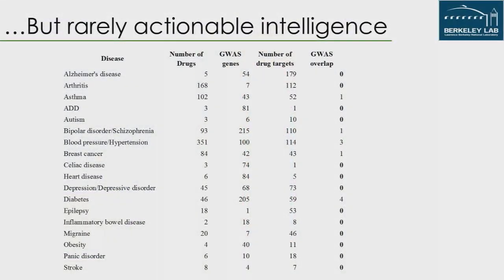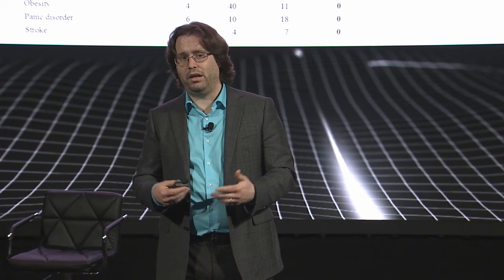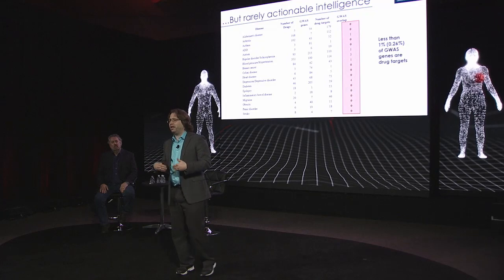There are 5 known and approved drug targets for Alzheimer's disease, and the GWAS studies have revealed 54 genes associated with Alzheimer's. The number of approved drugs, 5. The number of drug targets, 179, a massive number. The overlap between clinically actionable targets and GWAS targets is 0, right? Nothing.